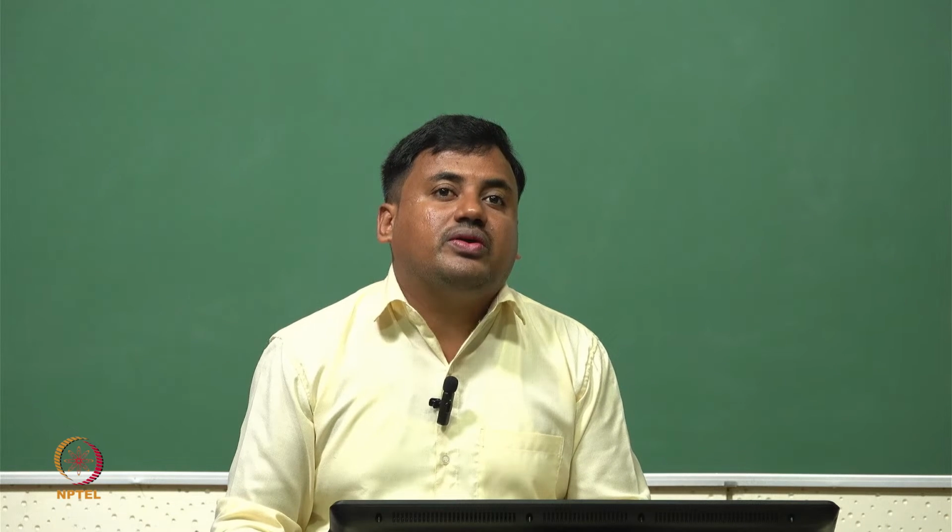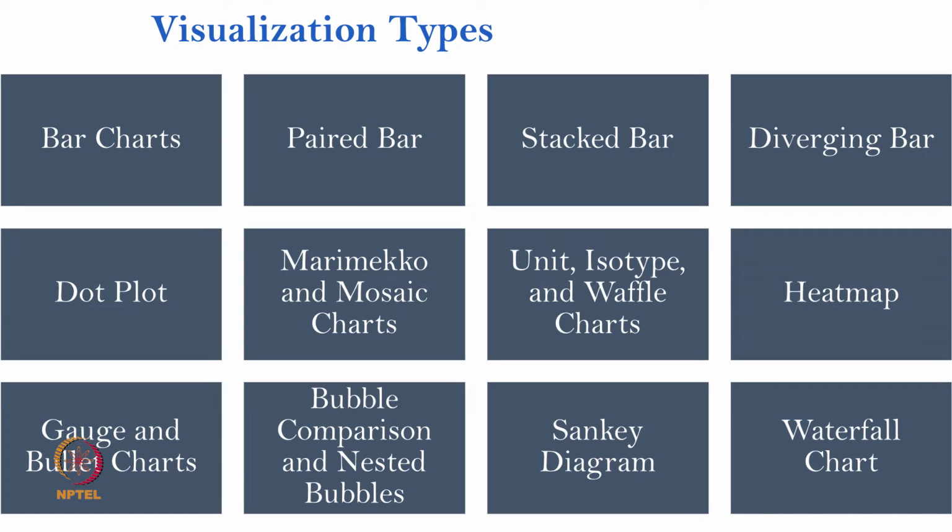There are a number of types of visualization under this category, like bar charts, pie charts, stacked bar, diverging bar, dot plot, Marimekko charts, unit charts, waffle charts, heat map, gauge charts, bullet charts, bubble comparisons, and also Sankey and waterfall charts.